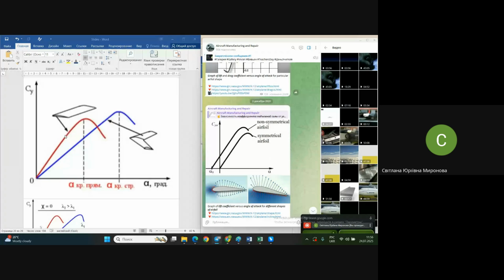Where this one has already stalled, this wing, I mean, it has already lost all the lift and maybe it has already crashed by this moment, this one is not yet in danger. You see the effect of the shape of the wing as a whole on this aerodynamical characteristic.